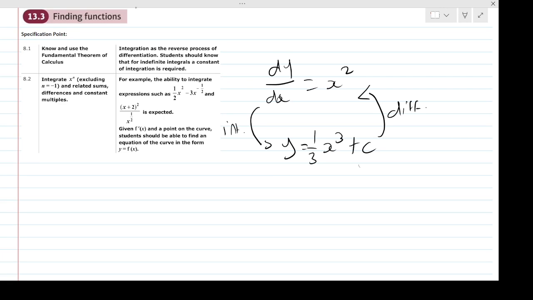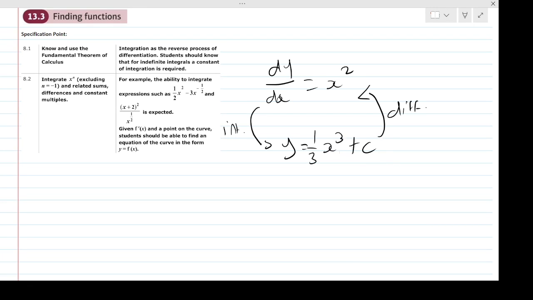So this is finding the function, but what we're going to look at in this section is how to deal with this plus c. Because at the moment it is a bit vague, as we don't know what the actual number is. We could have infinitely many possible numbers we can choose here, so we need some information to find the c in my function for y.